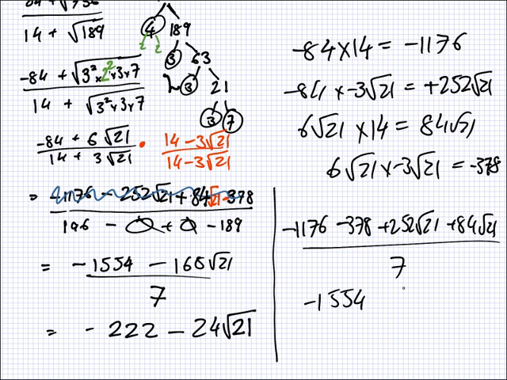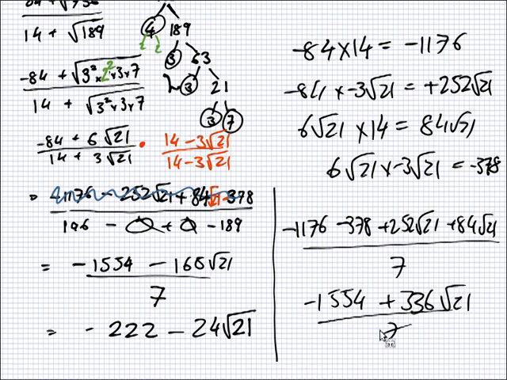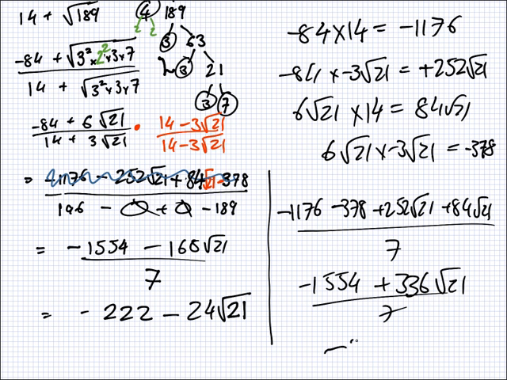And is the next one different? What's the next one? 336 root 21. And that can still be divided by 7? Oh, this is the 48, isn't it? Yeah. Minus 222 plus 48 root 21. Okay.